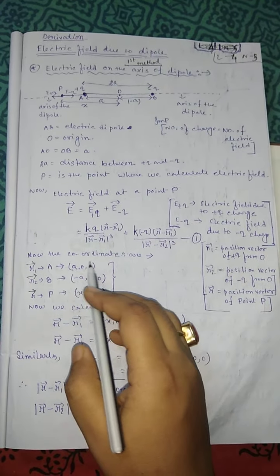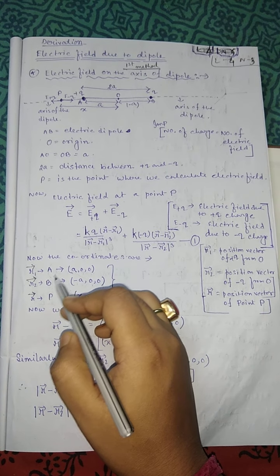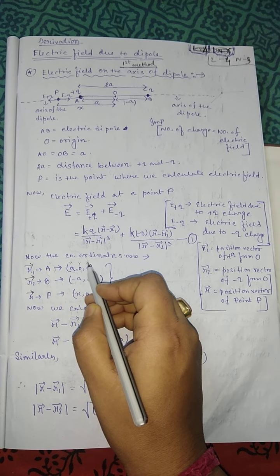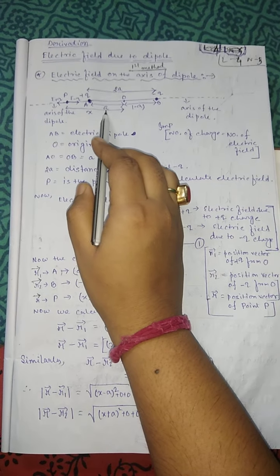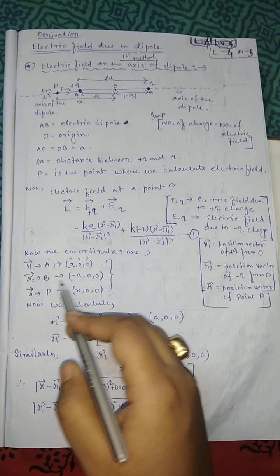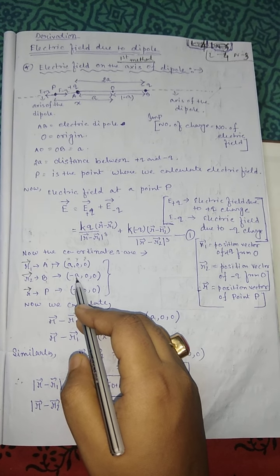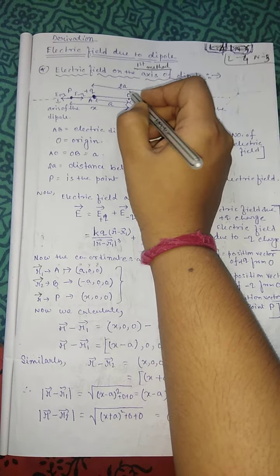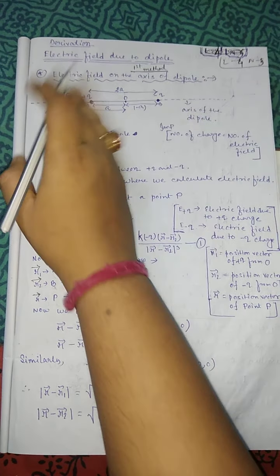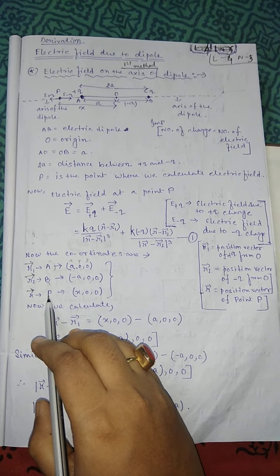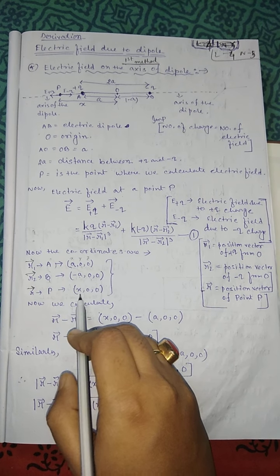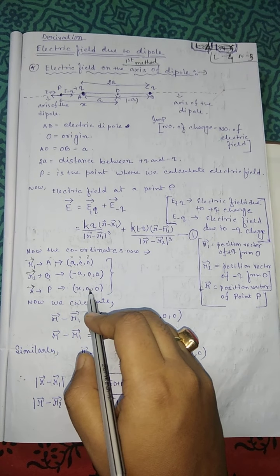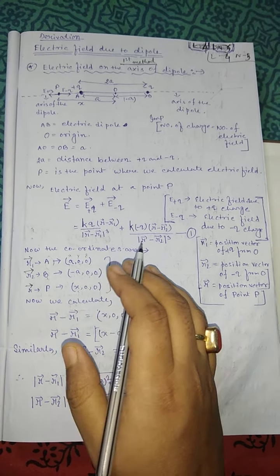Because we choose the x-axis, the coordinate of A is (a, 0, 0): this is x, this is y, this is z, so on the x-axis we have only a, with y 0 and z 0. For B the coordinate is (minus a, 0, 0), because minus q is here, with this side negative and this side positive. For P the coordinate is (x, 0, 0), where x is the distance from O to P.